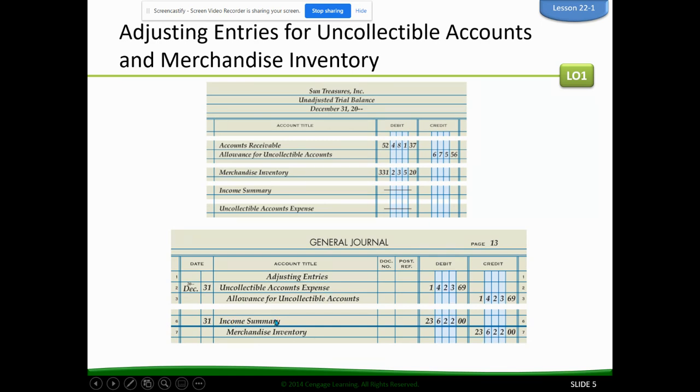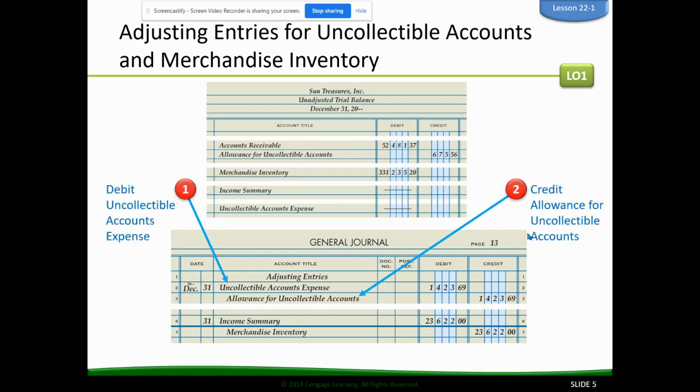Notice it gets put into income summary. That's the account that we're going to be using for a lot of the adjusting entries. For the first one, uncollectible accounts expense, they're either going to give us that number or have us calculate it. For the merchandise inventory, we're just going to do some simple subtraction. So those are the first two.